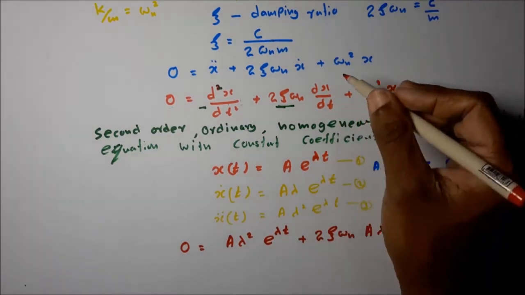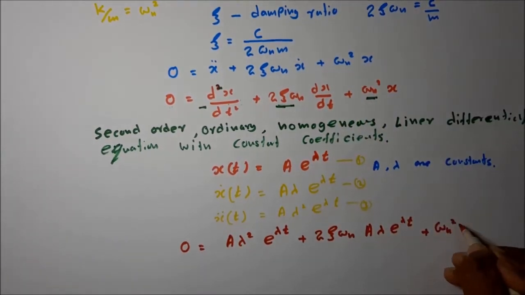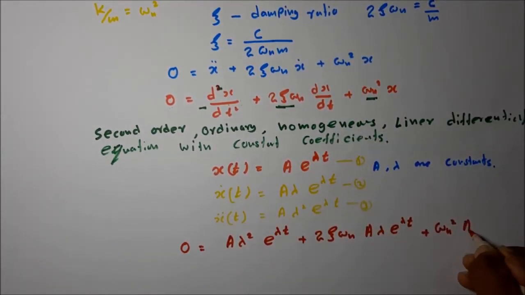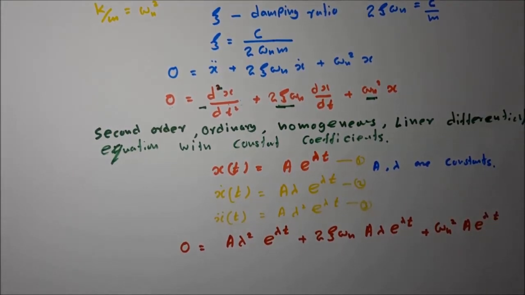Plus omega n square into x, a e^(lambda t). Okay. Then the common term a e^(lambda t), we can take it out from the solution.